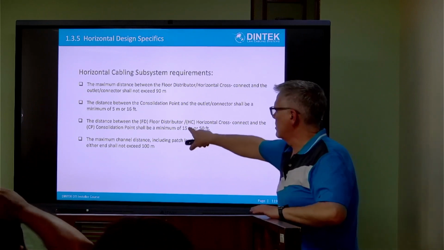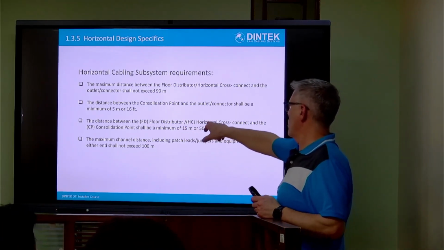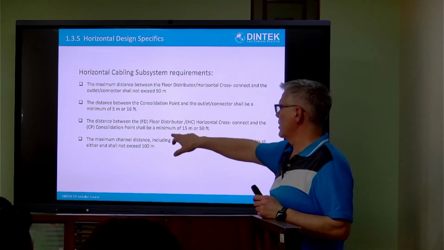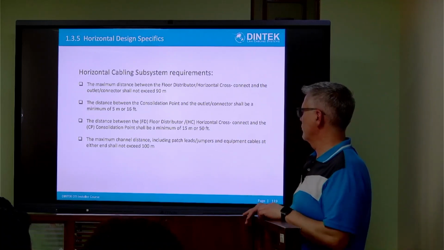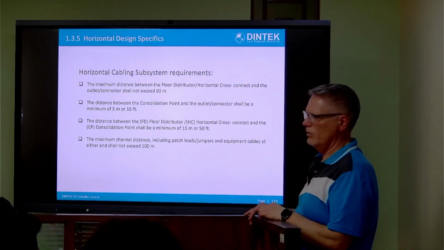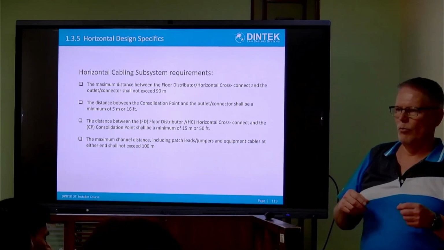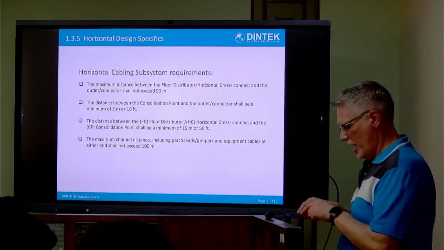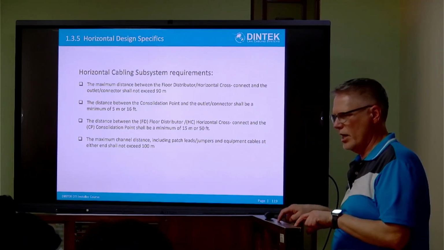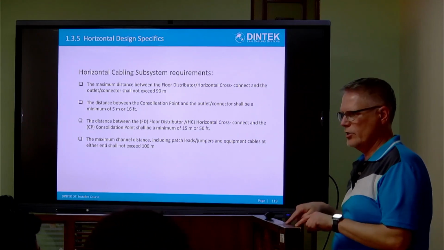There's one here that says the distance between the floor distributor and horizontal cross connect and consolidation point shall be a minimum of 15 meters. What this means is that when you're running a cable, it could be a cable from a patch panel to an outlet, or it could be a patch panel to a consolidation point.